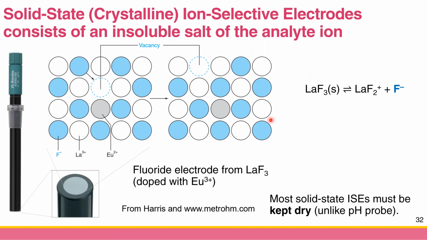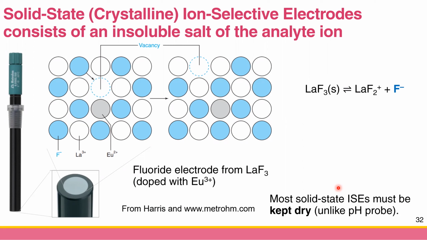And because this type of electrode is made from an insoluble salt, but the term insoluble is actually sparingly soluble, we have to keep the solid state ion selective electrode in dry air. You must not store it in aqueous solution. This is the opposite of the glass membrane electrode.